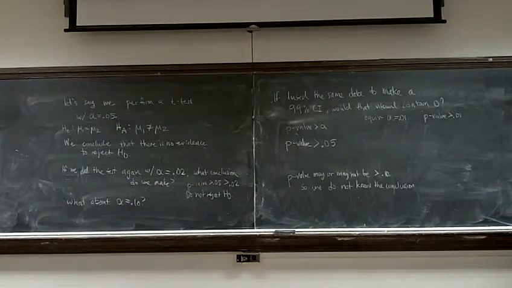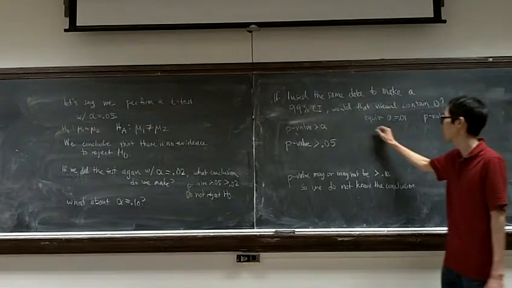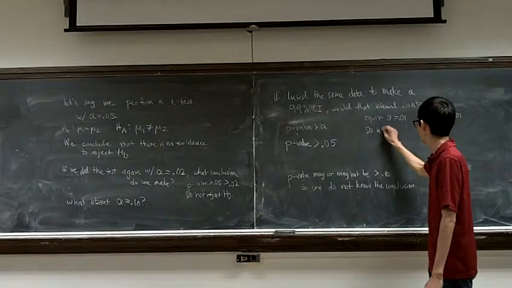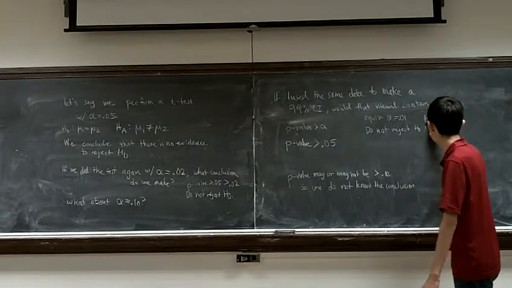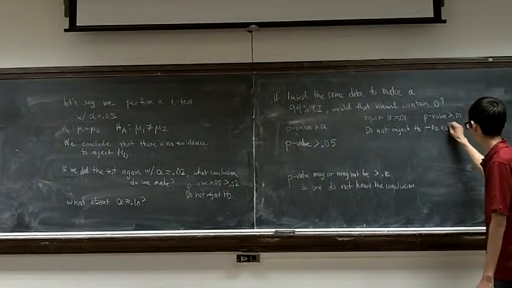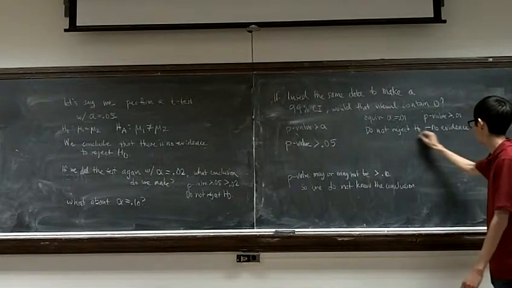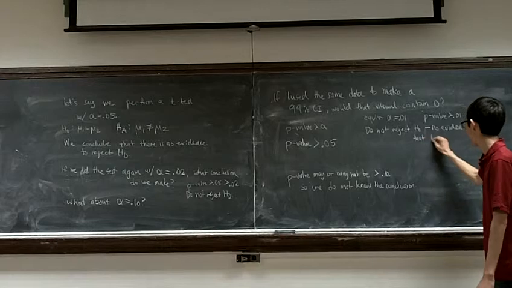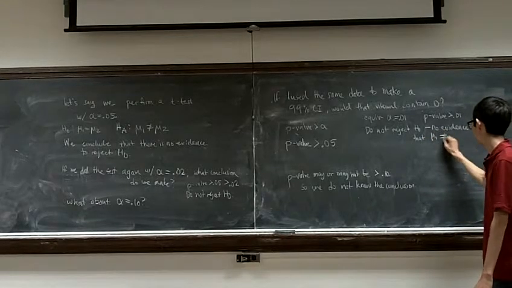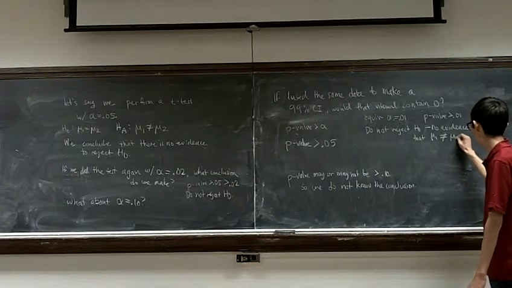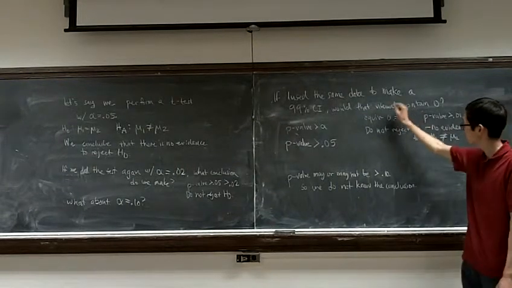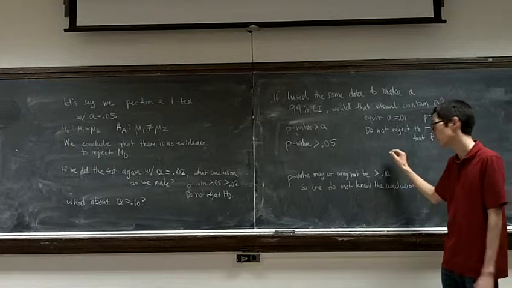If it's bigger than 0.01, we would not reject the null hypothesis, no evidence that mu1 doesn't equal mu2. So that confidence interval would contain 0.